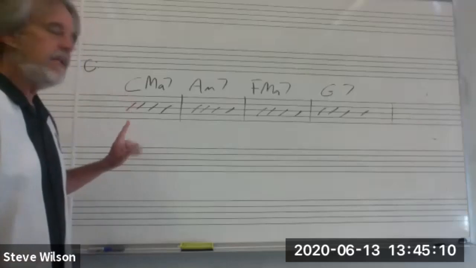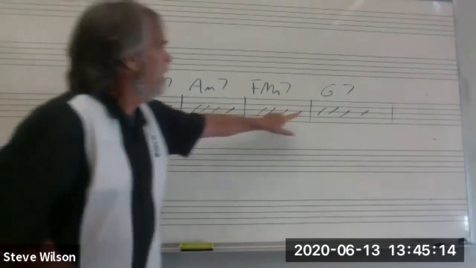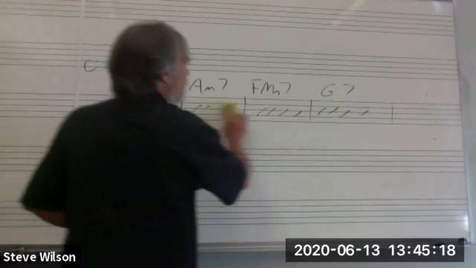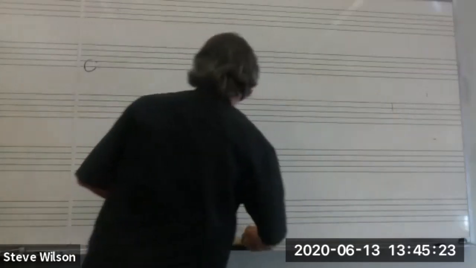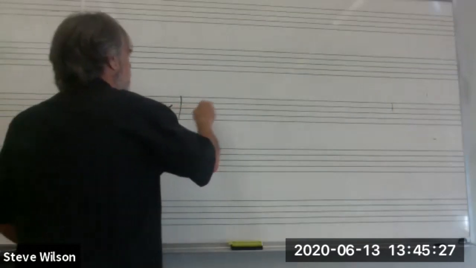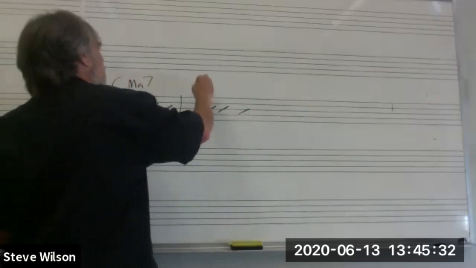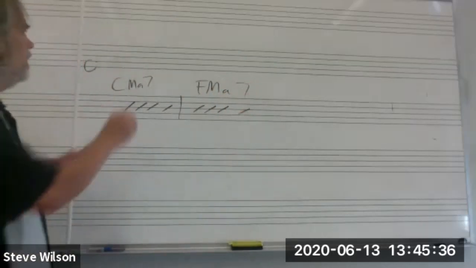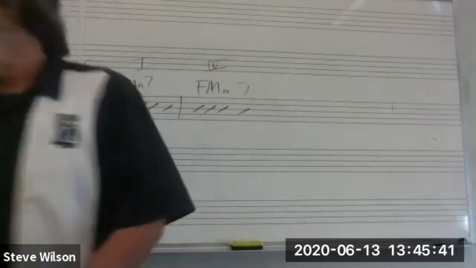Sounds very similar to the other progression we played for you, but in this case we have the sevenths added to it. If I ever see a progression where I just have two major seventh chords, that is the 1 to 4 in the key of C, and it just sounds like this.